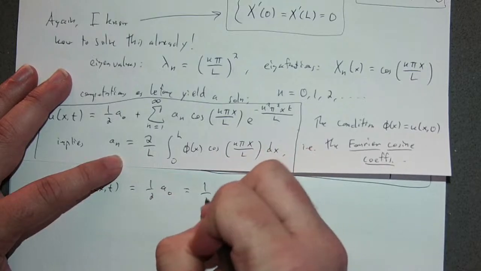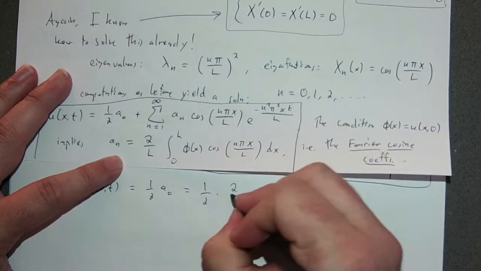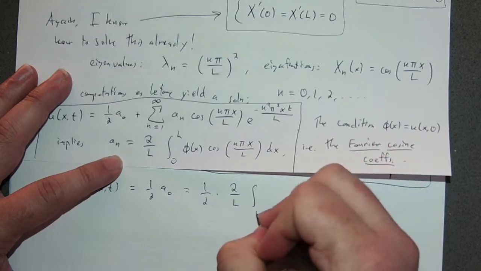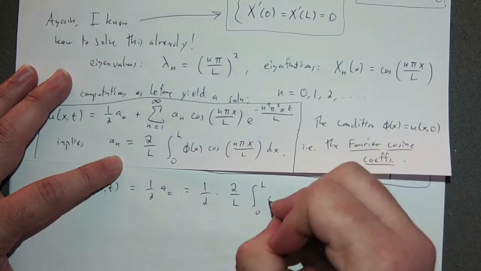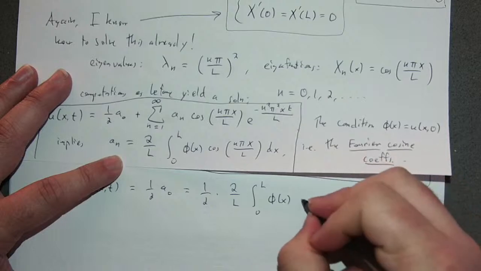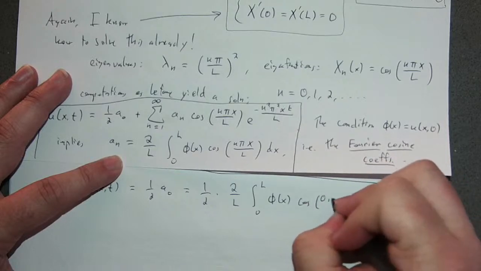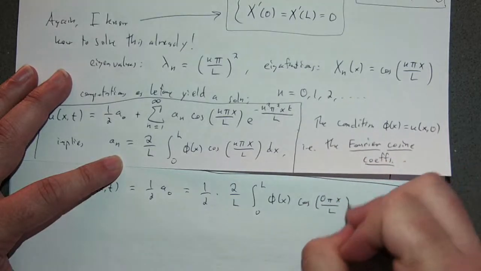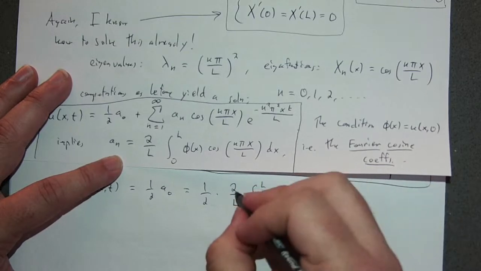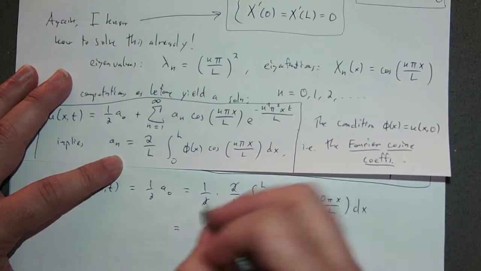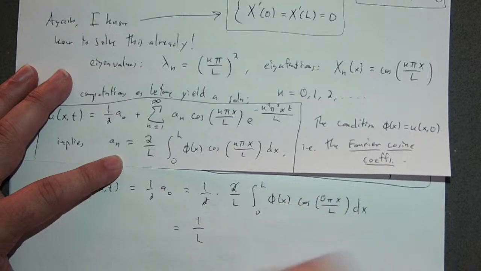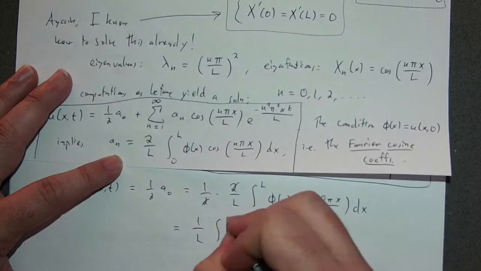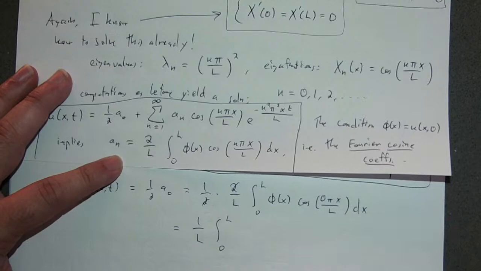So this is 1/2 times 2 over L times the integral from 0 to L of phi of x cosine of 0 pi x over L dx. The 2's cancel, and I have 1 over L times the integral from 0 to L. Cosine of 0 is 1.